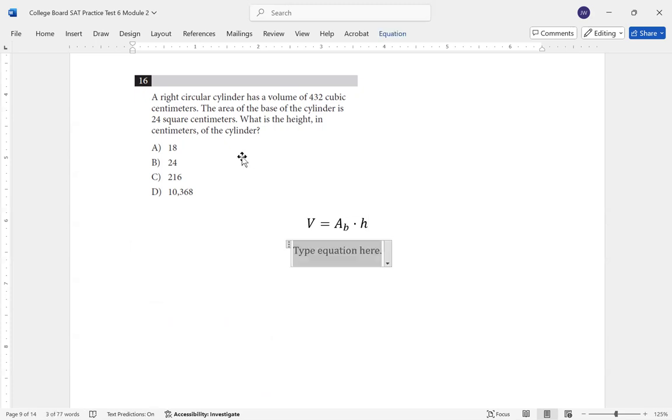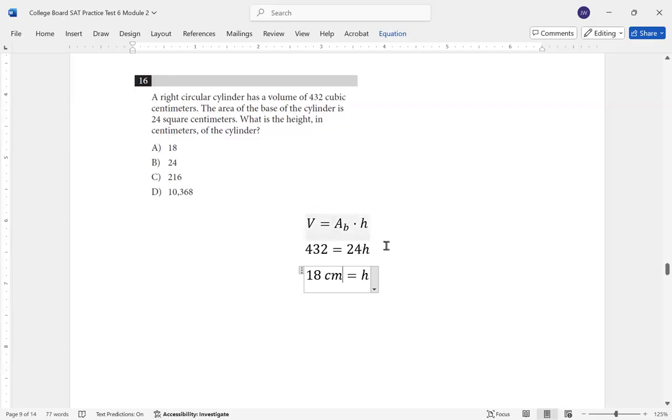Since the volume is 432 cubic centimeters, and the area of the base is 24, we can find the height by just dividing by 24 on both sides. And that gives me a height of 18 centimeters. So 18 is the correct answer for question 16.